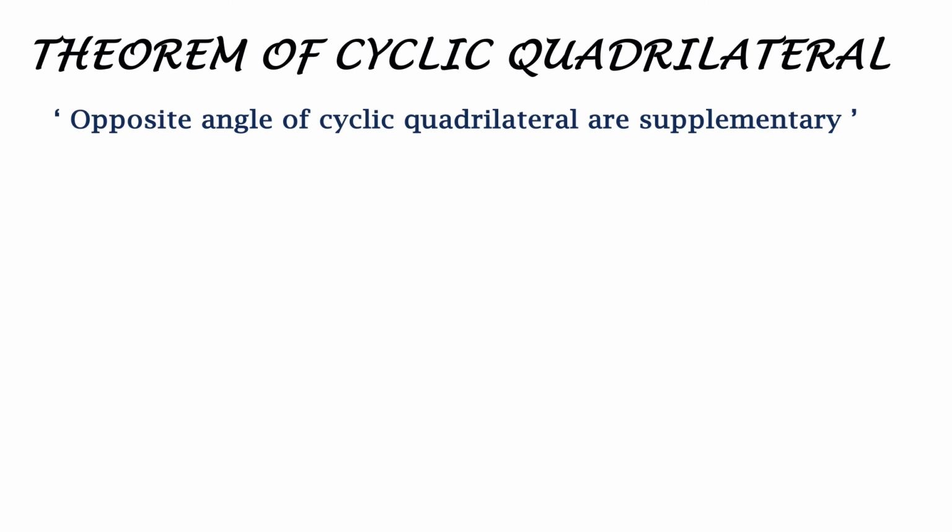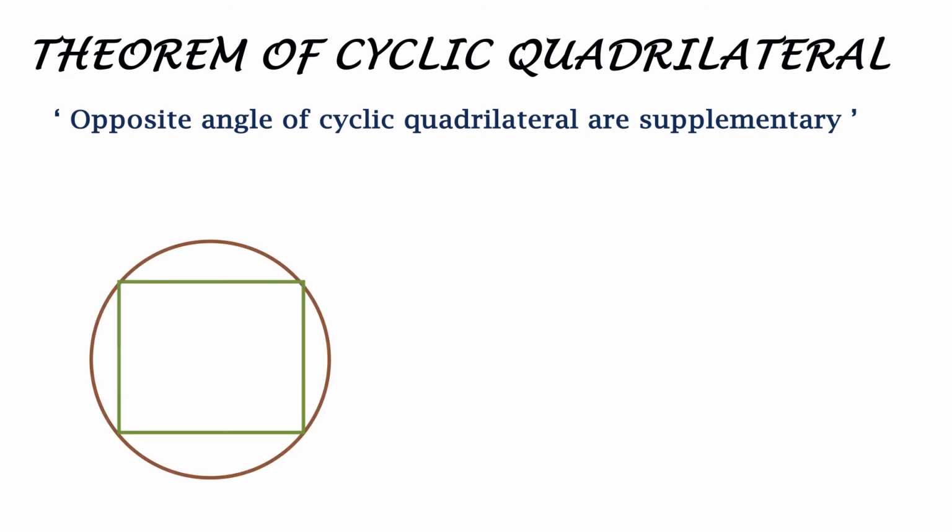Now see the given figure. Here it is a circle, and on the circumference we have taken 4 points: point A, point B, point C and point D. Then we join these points and we get a cyclic quadrilateral.